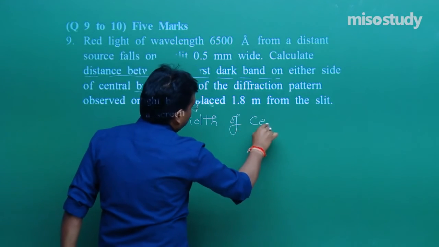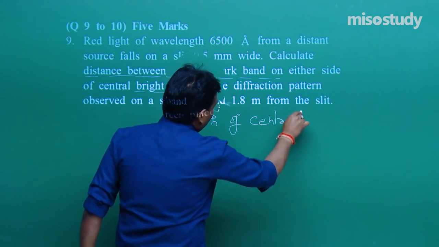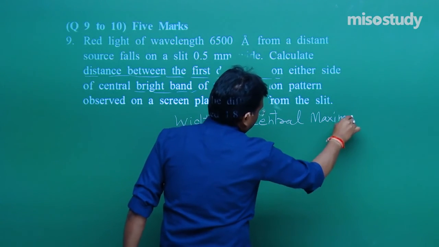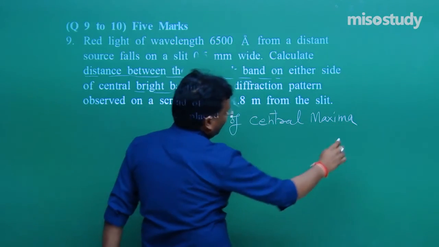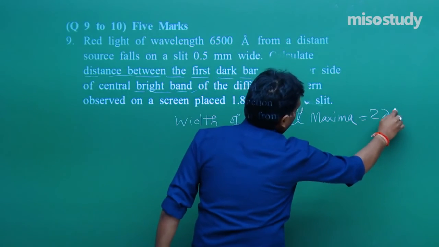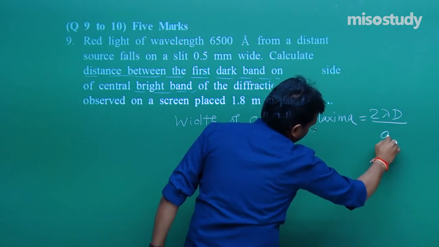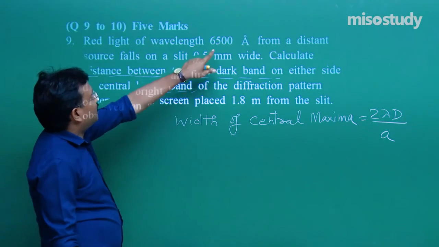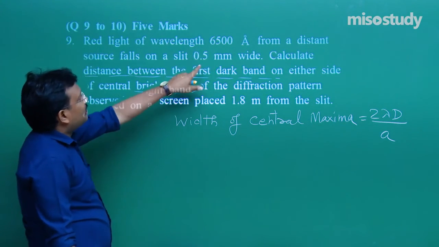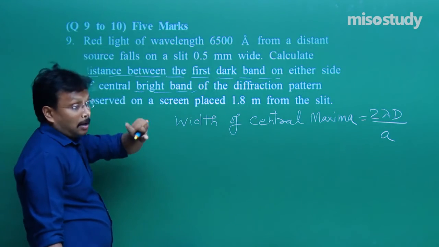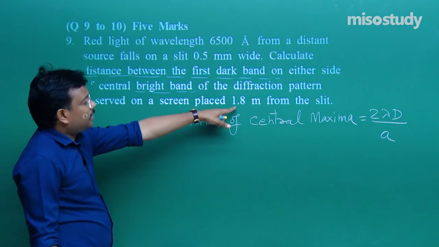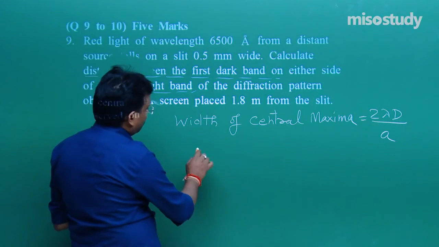Width of central maxima, fine. Now width of central maxima is 2 lambda D upon a. a is the slit width. Now all values are given, lambda is given, fine, slit width 0.5 mm, convert it in meter, and this D, 1.8 meter, is also given.